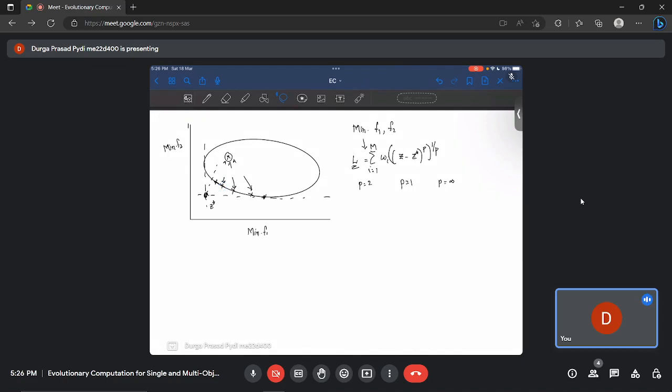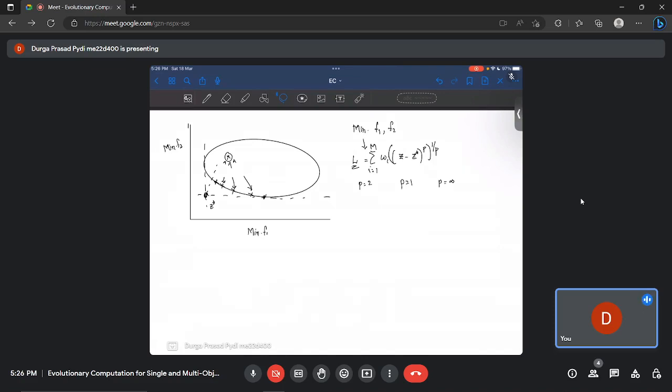Once we discussed all these methods, the idea here is that you take one particular set of weights and you get one solution, and different values of w's will give you different solutions. Instead of doing that, in our evolutionary techniques we have the population. Your different weights will correspond essentially to different individuals in your population.